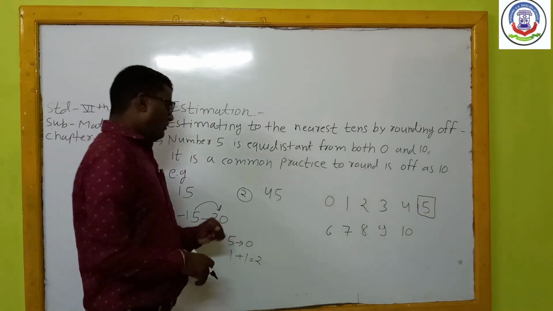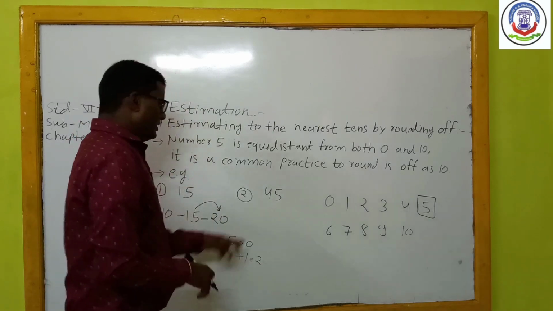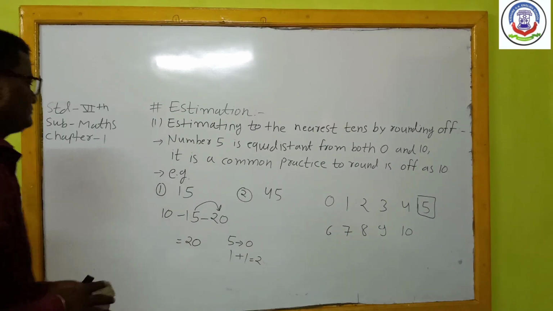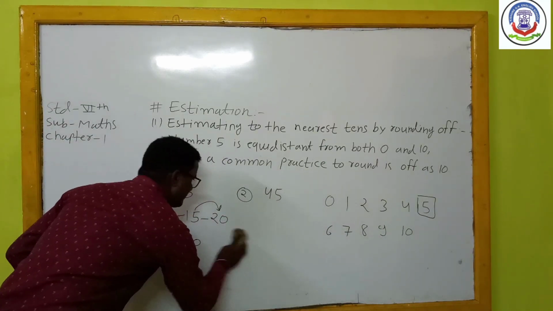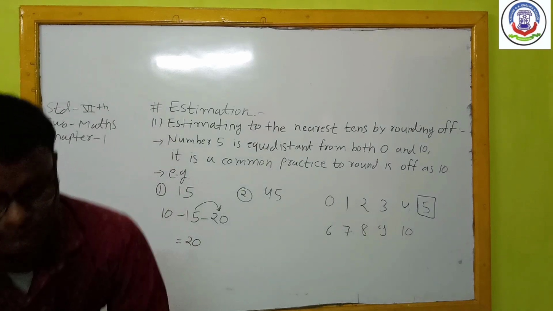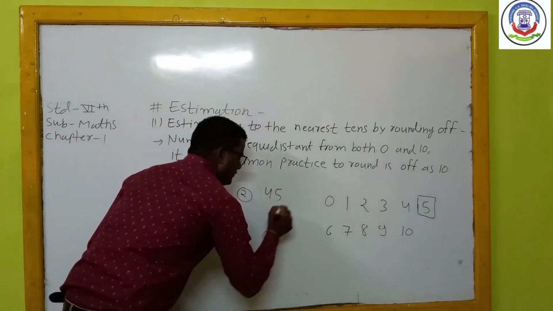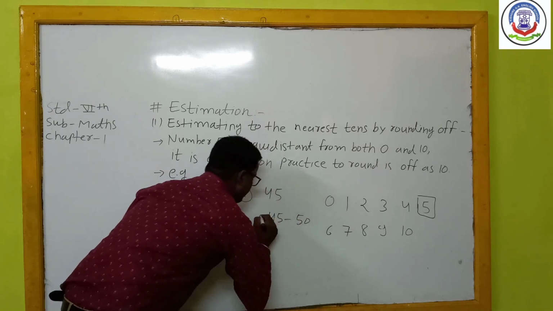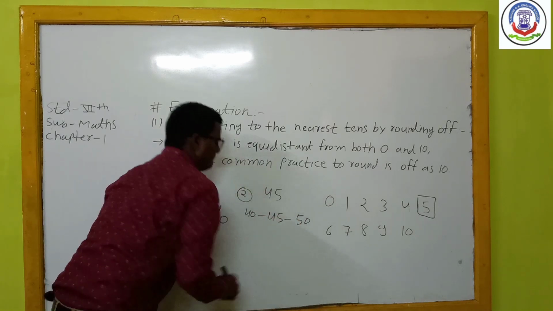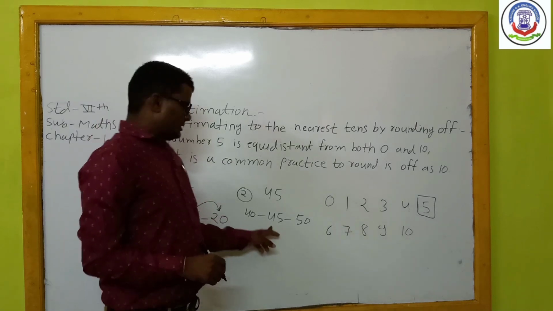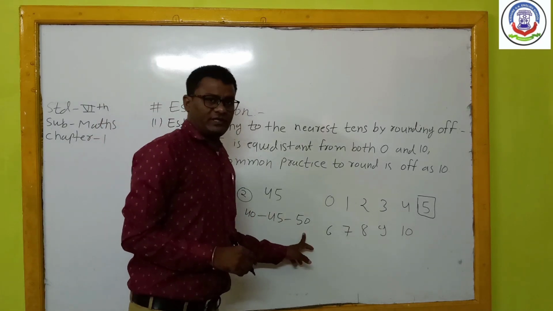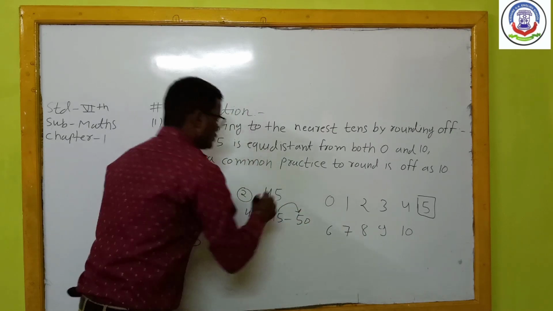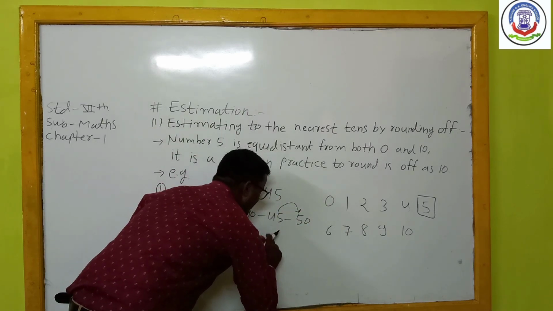Okay students, now another example, 45. You know 45 is between 40 and 50. Now it will be rounded off as 50, so our answer will be 50.